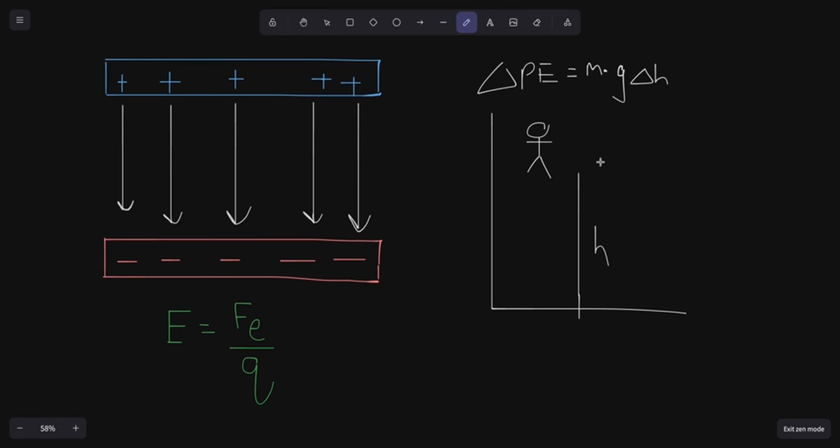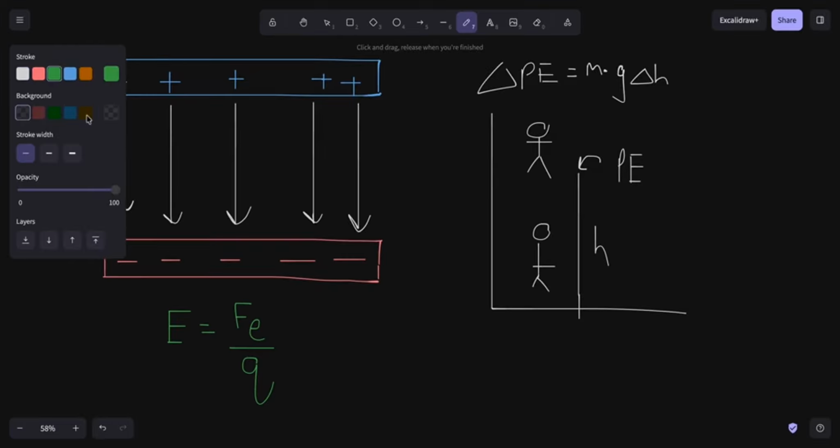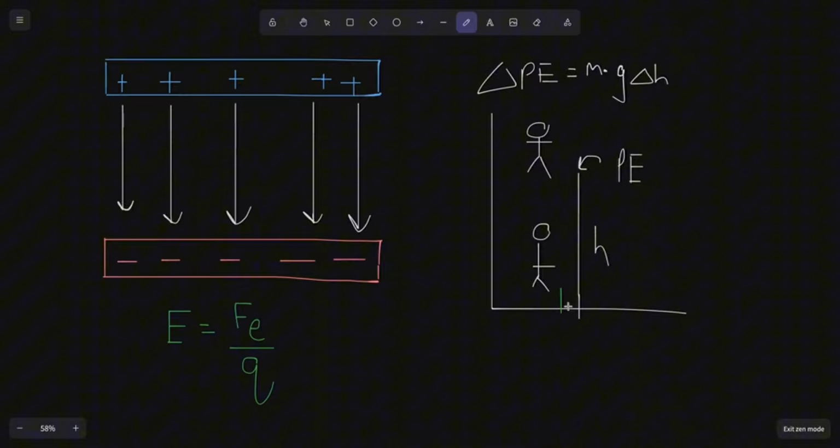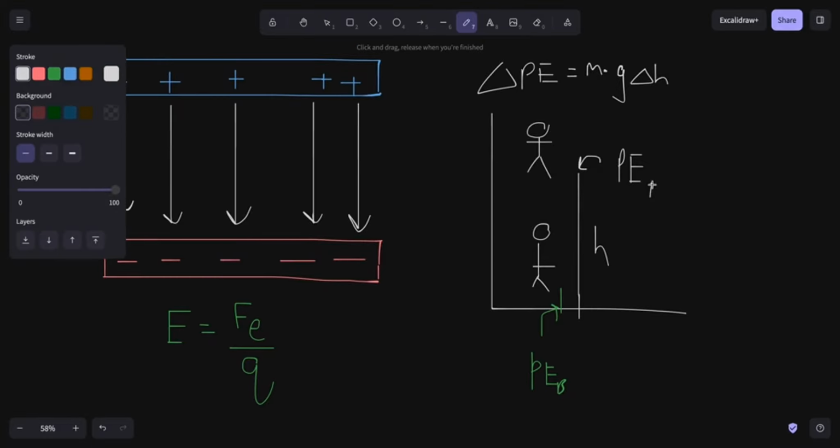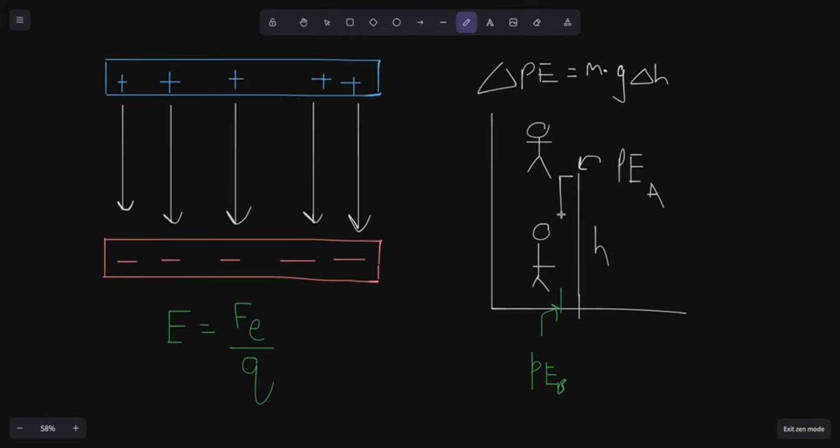Likewise, if I'm down here, there's going to be a height associated with that. This height represents the potential energy at spot B, and this is the potential energy at spot A. So the change in potential energy represents this change in height right over here. The mass times gravity times the change in height gives me my change in potential energy.